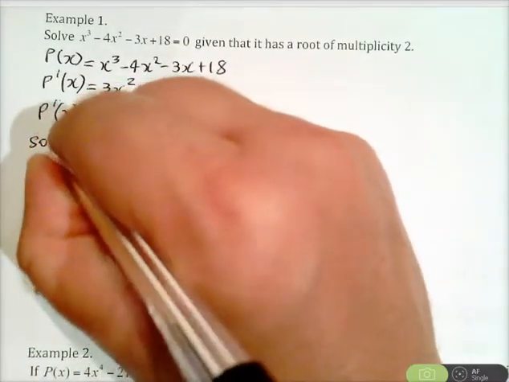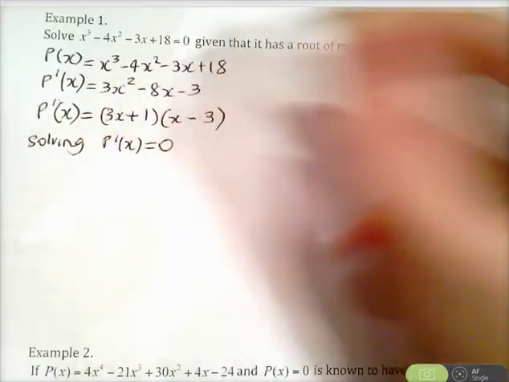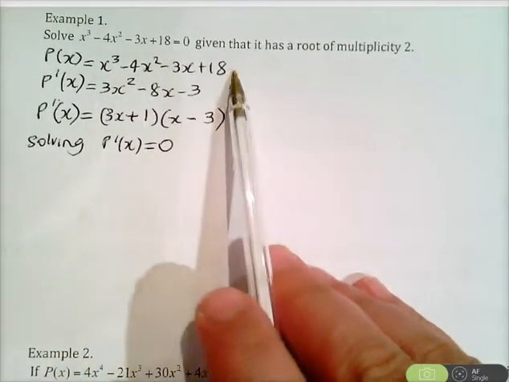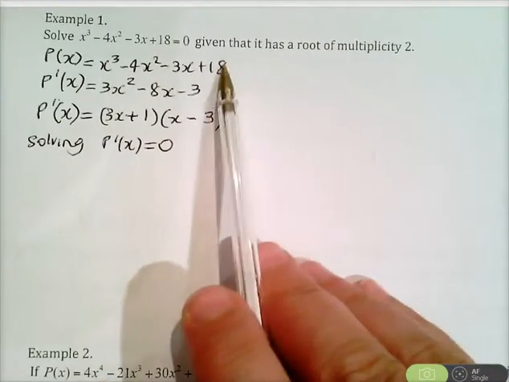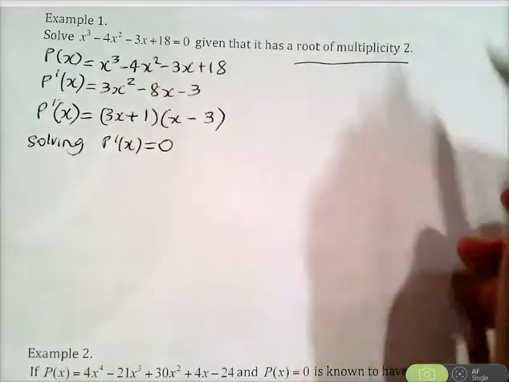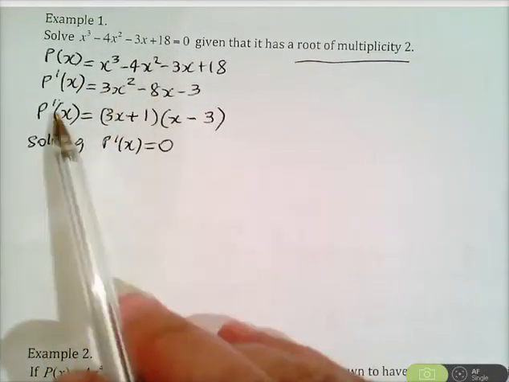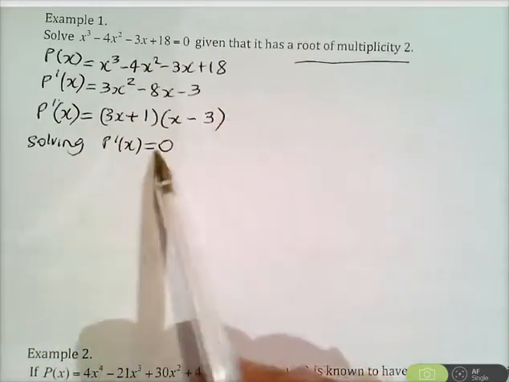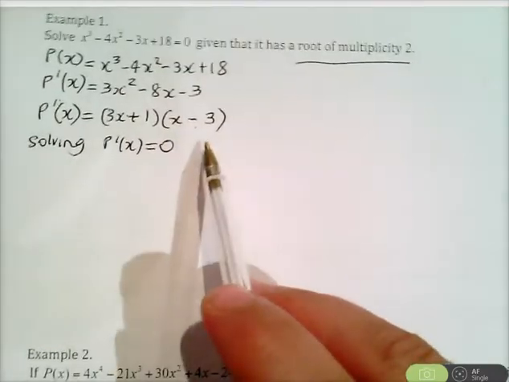Now if we want to solve p dash x equals 0, see the thing is, instead of trying to find one of the roots in the original function by looking for factors of 18, because you know that it's got a root of multiplicity 2, what you can do is find the first derivative, factorize it, put that equal to 0, and then you'll see which one of these factors you're going to get.